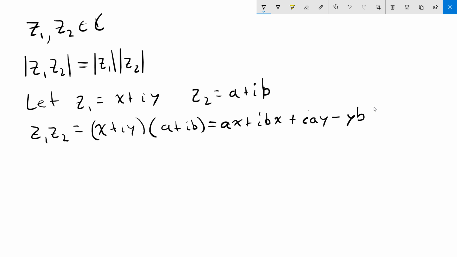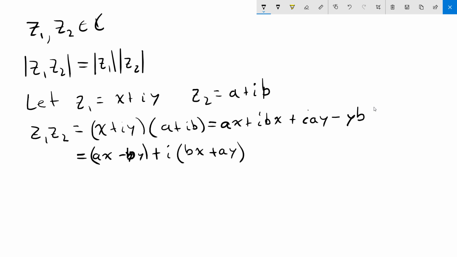Okay, so I'm going to rearrange this really quickly. I'm going to say this is ax minus by, I really should be writing by, keep it all in a nice order. ax minus by, and we're going to say plus i times bx plus ay. Right? So what's the modulus of this?